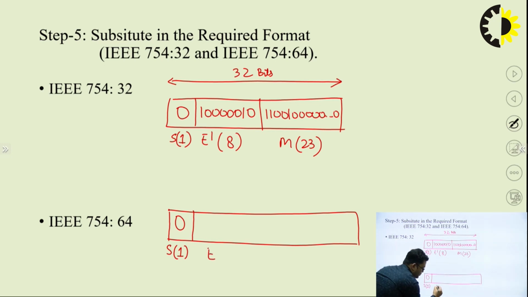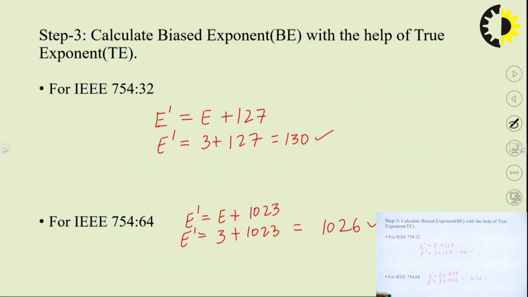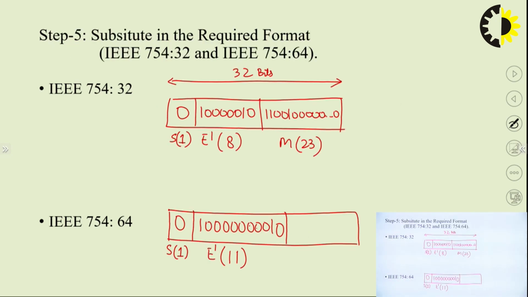For the biased exponent we have 11 bits, as we can see over here. The biased exponent value is 1026, and for 1026 we have our binary number with us. And last one is our mantissa part.